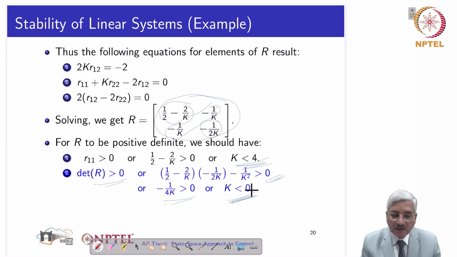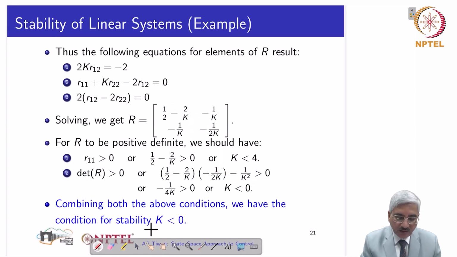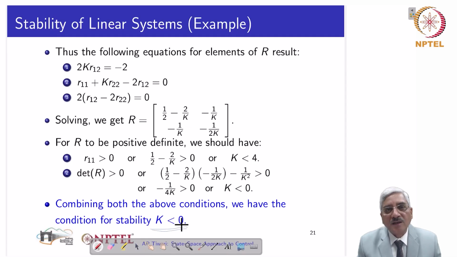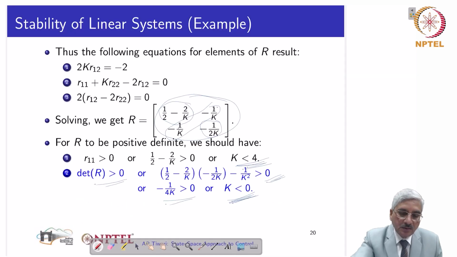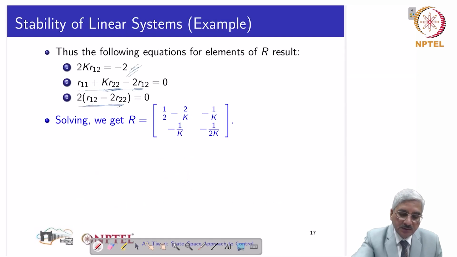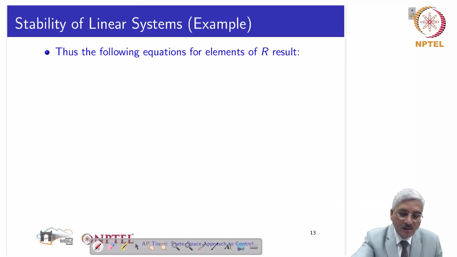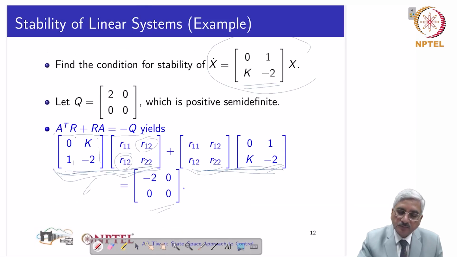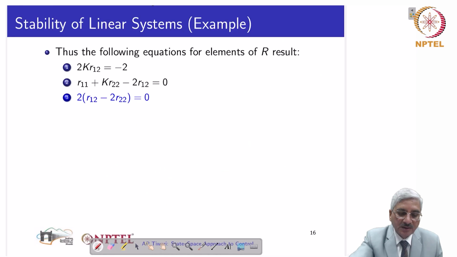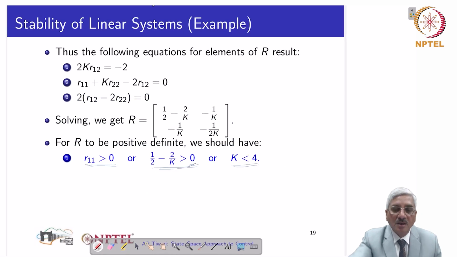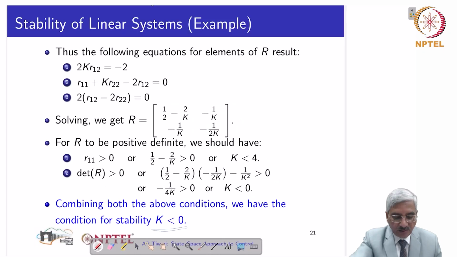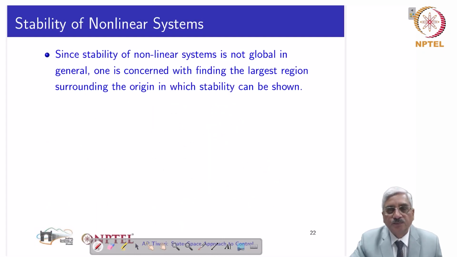Combining the two conditions, we get the condition that k should be less than 0 for R to be positive definite, and that means for the stability of this system, we should have k greater than 0 as is established by the Lyapunov condition. Of course, you can cross check by some other method, maybe directly by obtaining the eigenvalues.